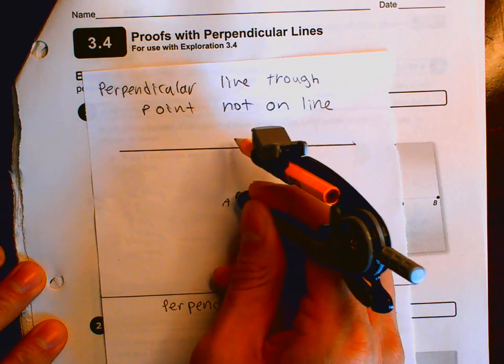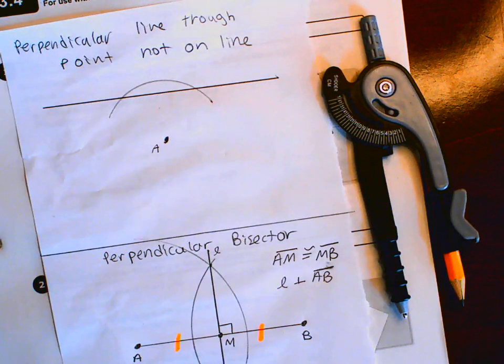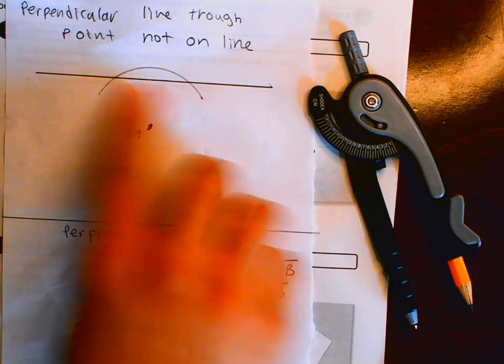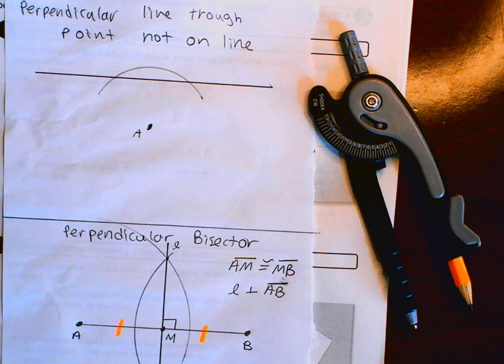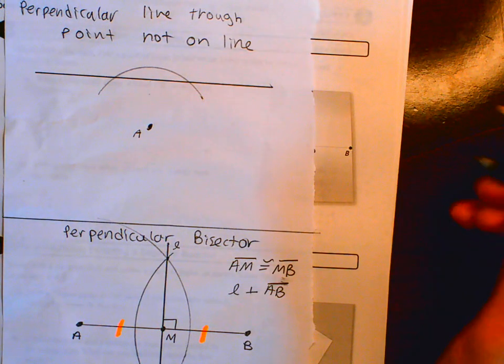Now you're going to lean your compass forward and draw an arc that intersects that line at two locations, here and here. You could keep the same distance if you like, or make it a little bit smaller.